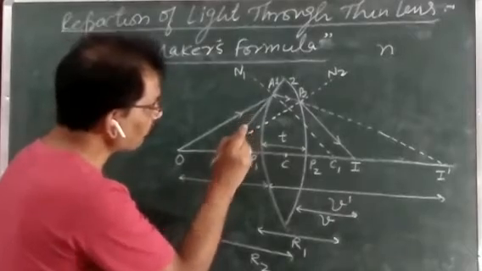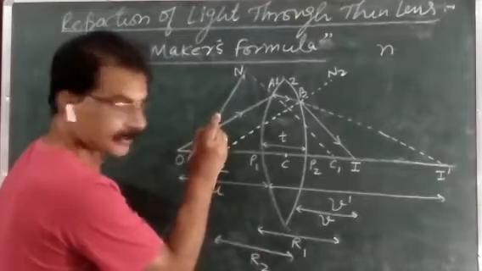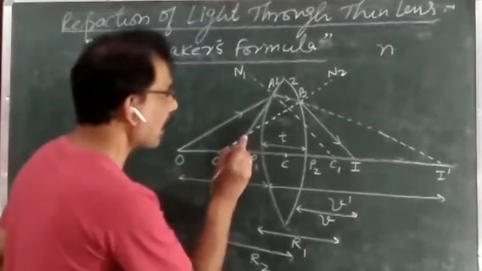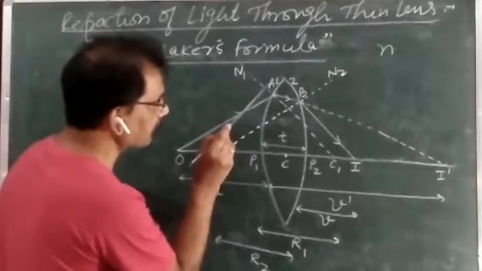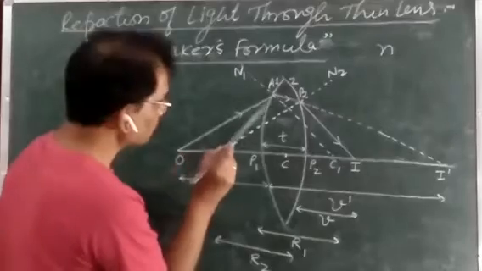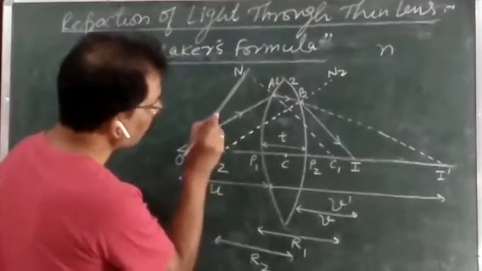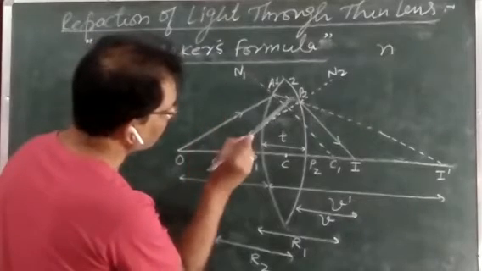What is the normal on this first surface? C1A1. Therefore this ray of light after refraction will not go straight but bends towards this normal C1A1.